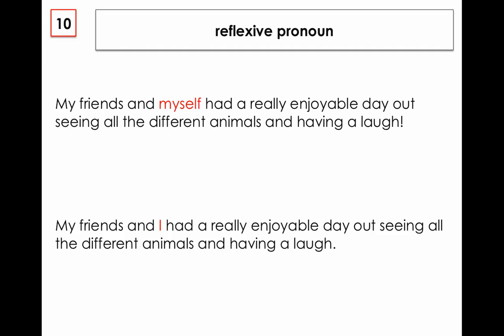It's pretty clear. Now the problem, and it is a bit of a problem in the first sentence, is that there's nothing that the reflexive pronoun is referring back to.